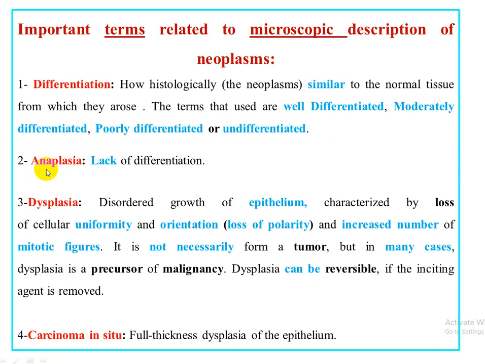The second term is anaplasia. Anaplasia means lack of differentiation, or complete loss of differentiation.